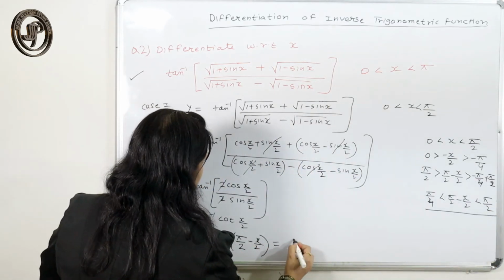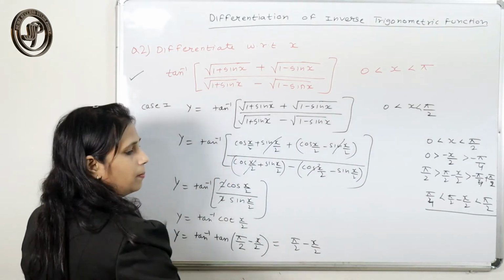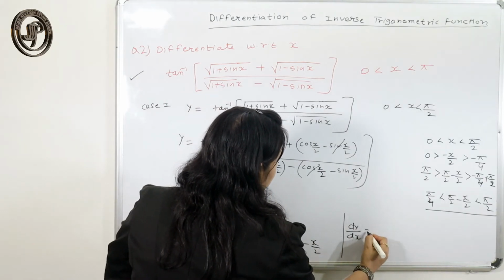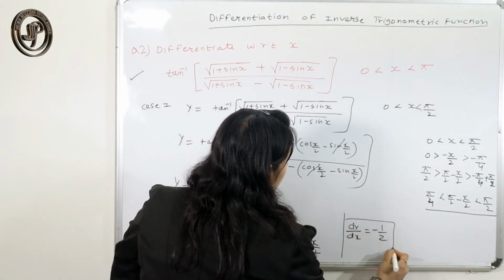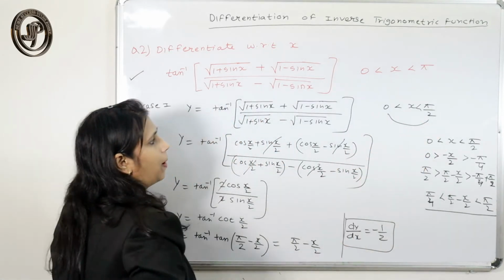So you can write this as pi by 2 minus x by 2 only. So y will be pi by 2 minus x by 2. Then if you find dy by dx, that will be minus 1 by 2. That is case 1 under the range 0 to pi by 2.